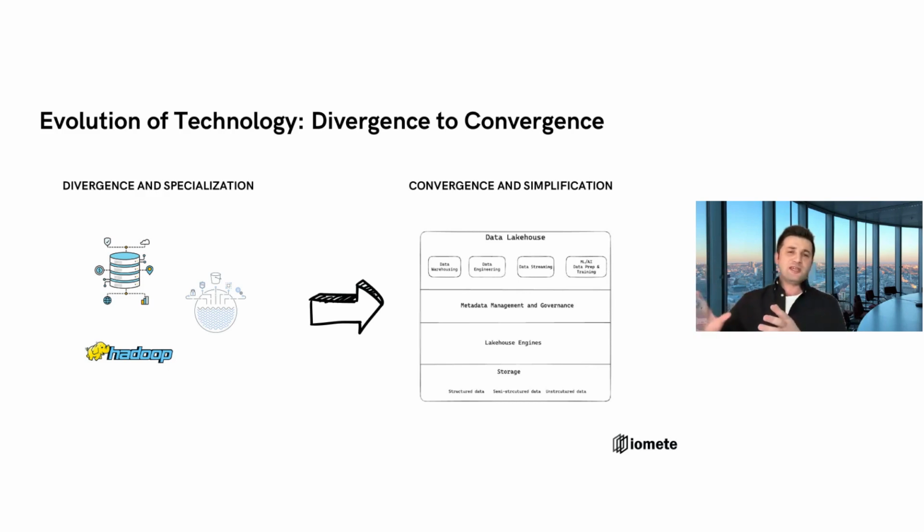We will have new needs that make the technology diverge into multiple different architectures, like Hadoop, data warehouse, data lake, and lots of other stuff. Then those technologies reach a maturity level, and normally we look for a simplified version. We want to have all those things in a single architecture, in a single place, for better management, maintenance, and also cost efficiency.